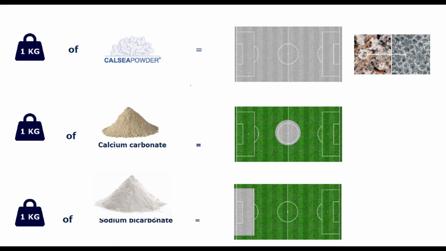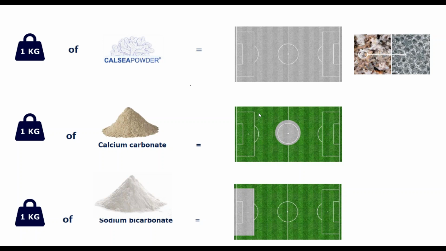So sodium bicarbonate, it's on the alkaline side, it's a base, and if we think about the whole soccer field here, if we break it up into sections so that we can visualize the strength of sodium bicarbonate as a buffer, it'll cover the goal. Calcium carbonate, which is limestone, which is most typically used in buffering products, well, it'll cover this circle in the middle here where everybody starts.